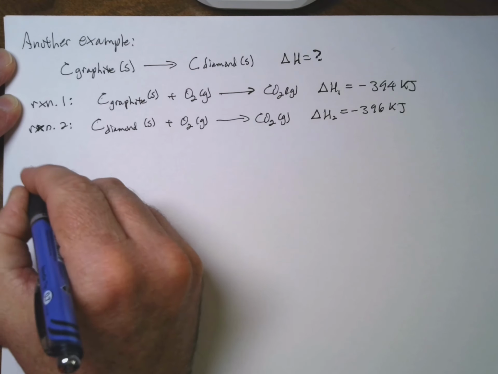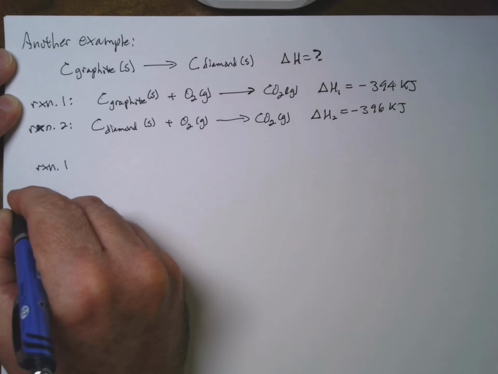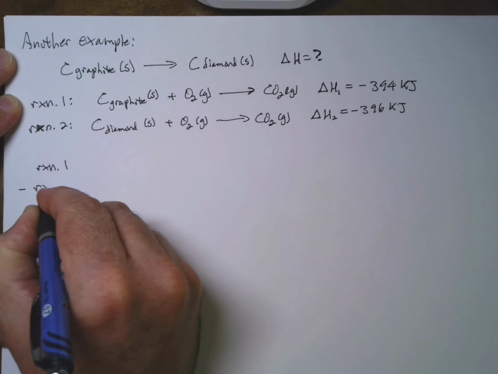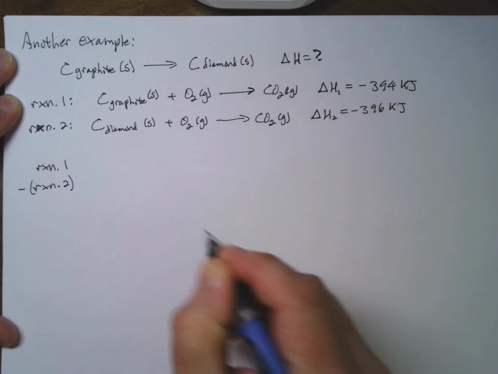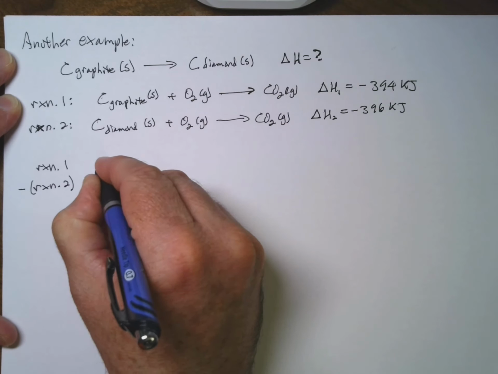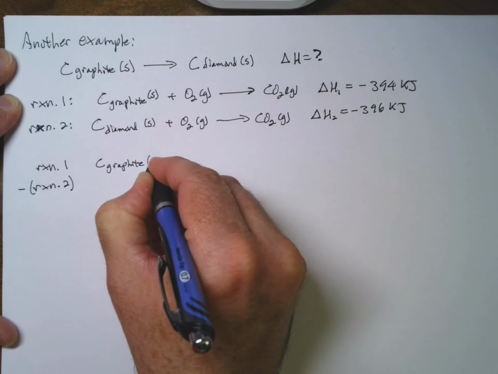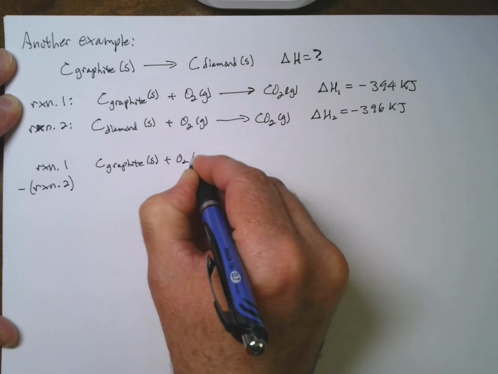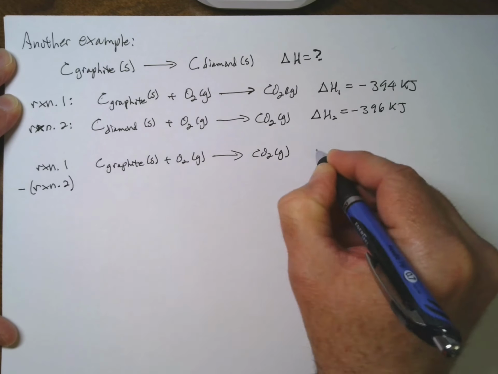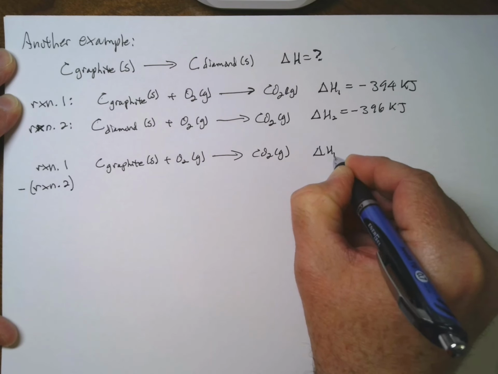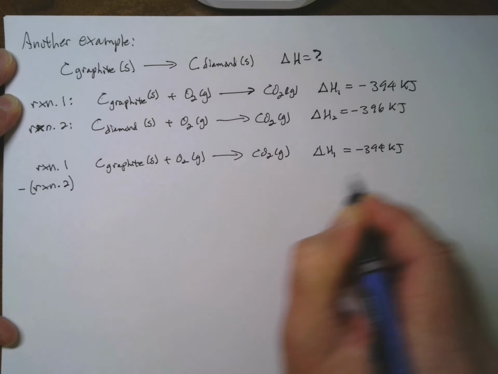So let's take reaction 1 and then minus reaction 2. So we're going to reverse reaction 2. So let me write these out again here. C graphite solid plus O2 gas goes to CO2 gas. Delta H1 equals minus 394 kilojoules.